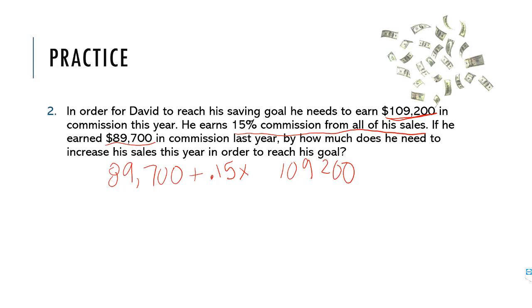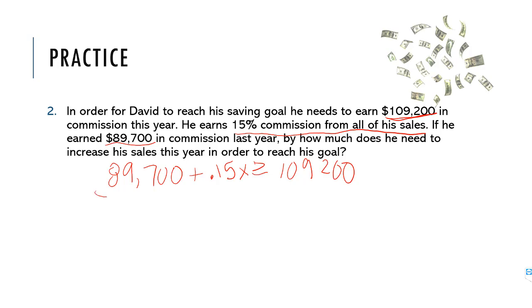I wouldn't be. So we're going to say that it's going to be greater than or equal to his goal of $109,200. Okay, we could also have solved this with an equation and then added our inequality at the end. I like to add it at the beginning so that I don't forget that it's there.